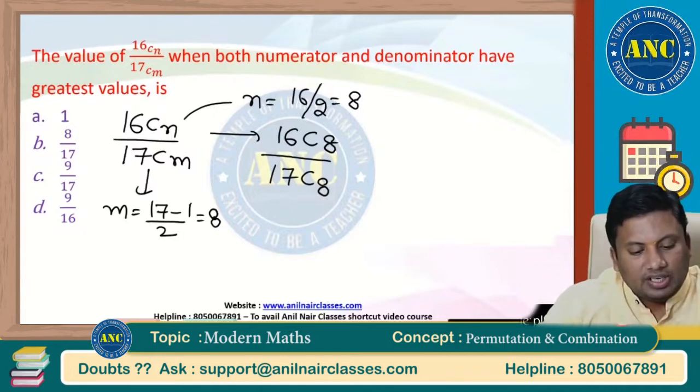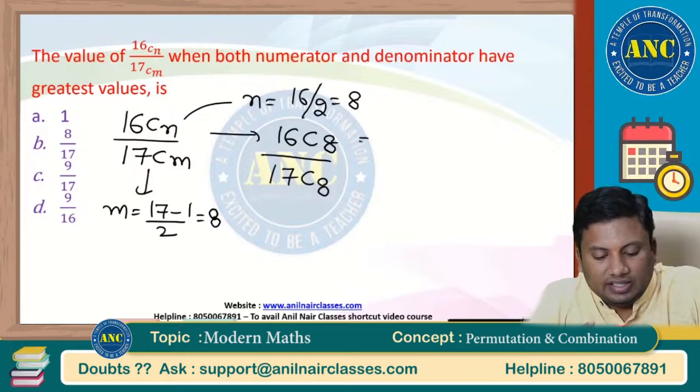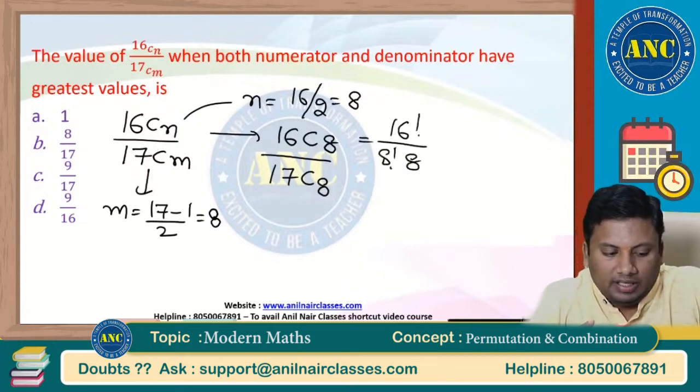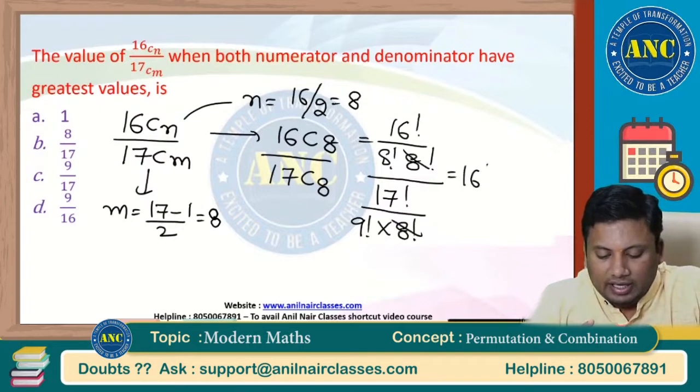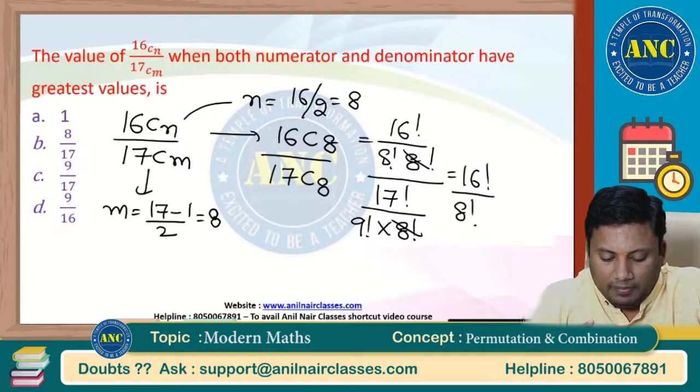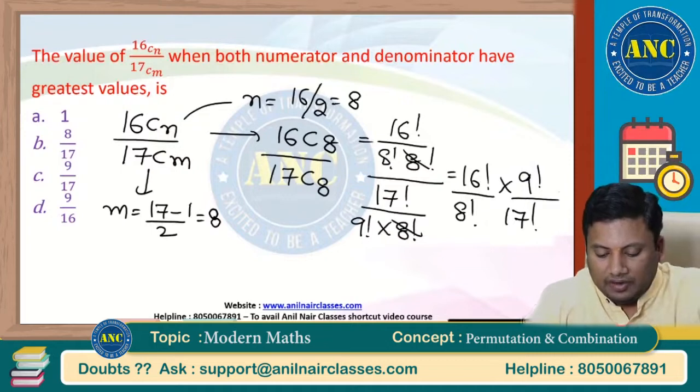16c8 by 17c8. This is nothing but 16 factorial by 8 factorial into 8 factorial, and 17 factorial by 9 factorial and 8 factorial. These will be cancelled. So 16 factorial by 8 factorial into 9 factorial by 17 factorial. 17 is 17 into 16.